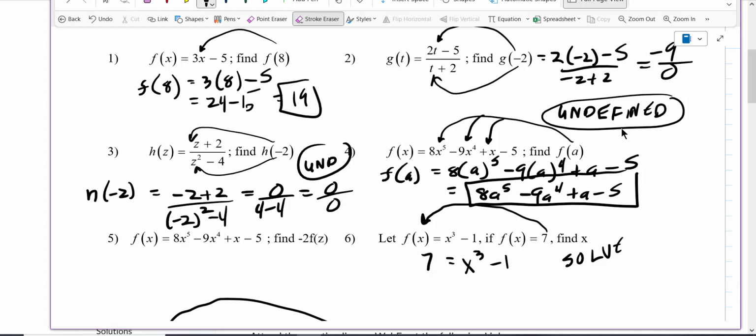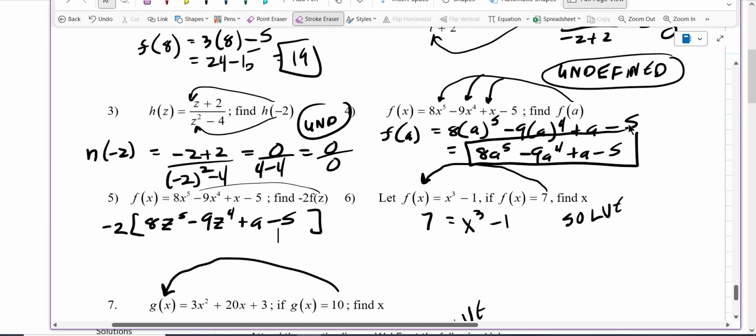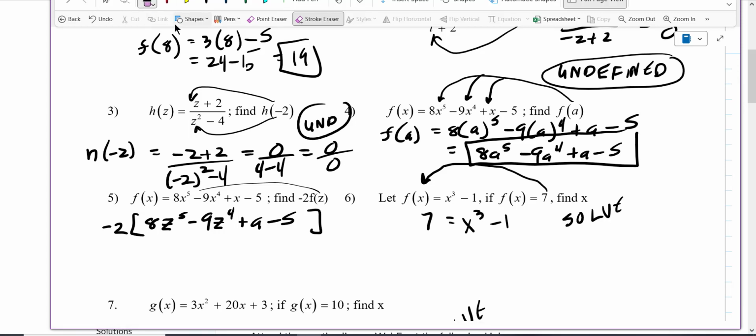Okay, now the next one, you're going to do -2, and then we're going to replace all of the x's with z. So you're going to have 8 z to the 5th minus 9 z to the 4th plus a minus 5, like that. Okay, now if you stop there, it's actually okay. That is a valid answer to that problem.